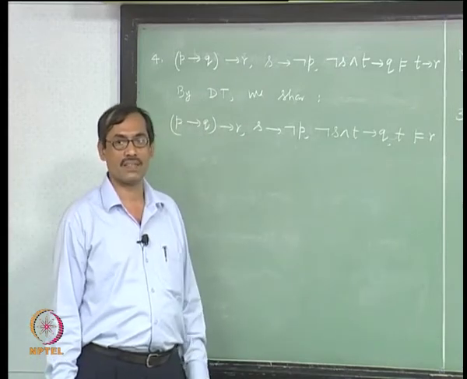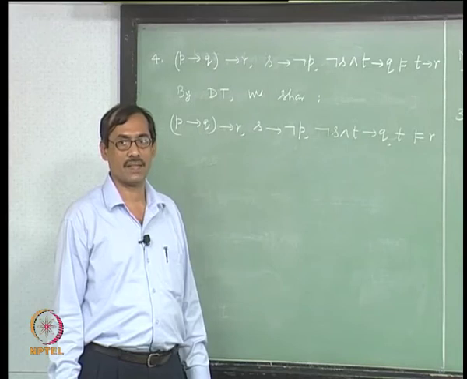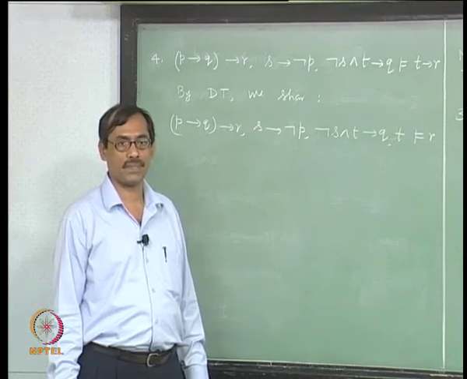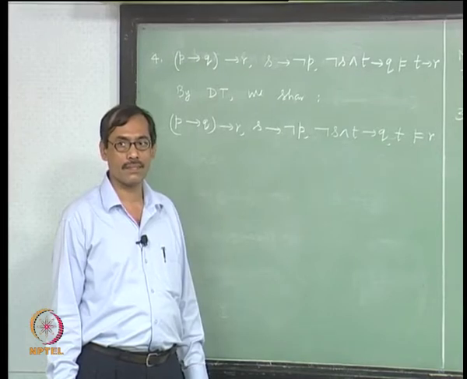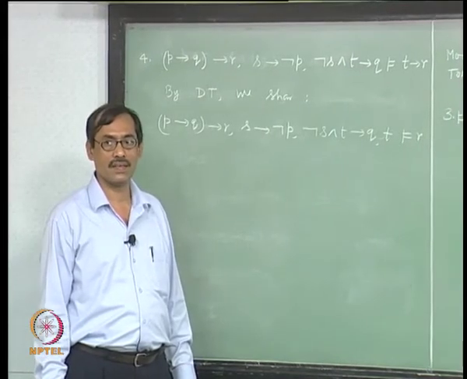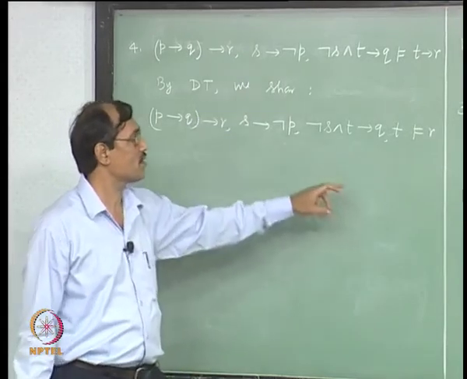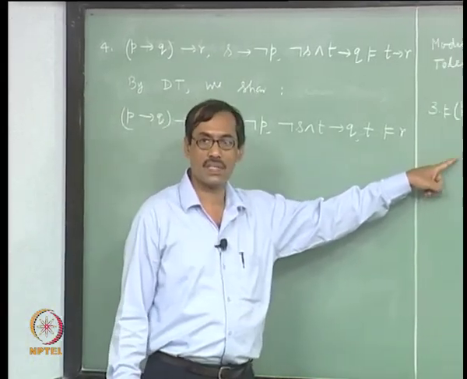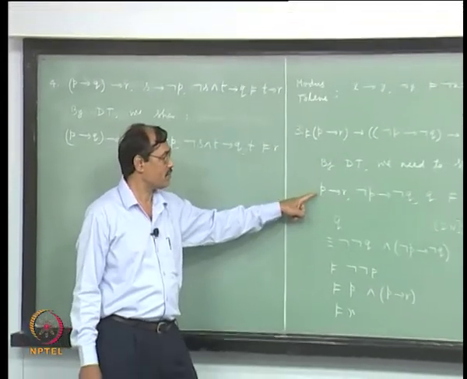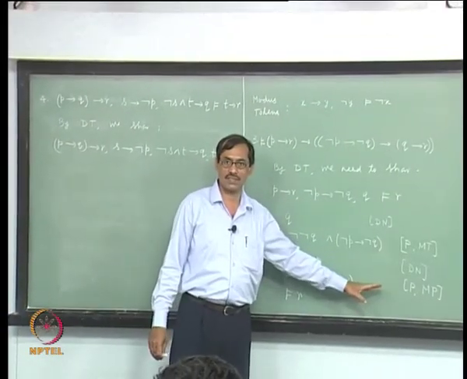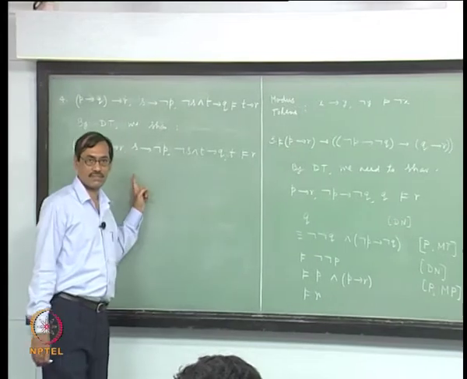Now, where to start? How to start it? Because the problem is, if you prepare the way we have prepared here for the deduction theorem, at a time you have prepared this and then it proceeds, but here there is a problem.